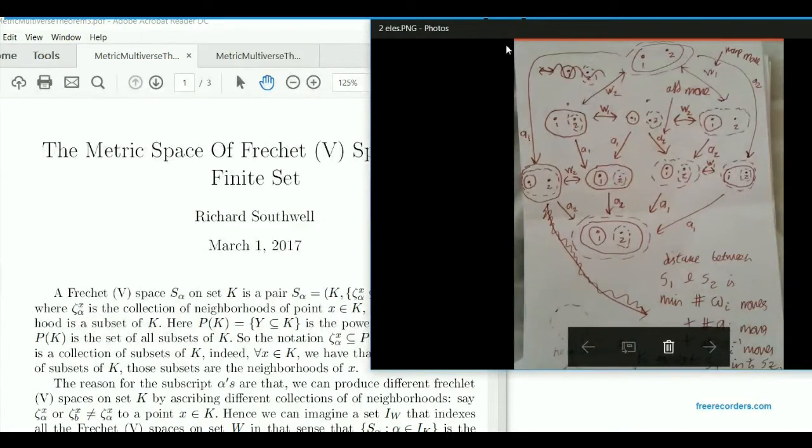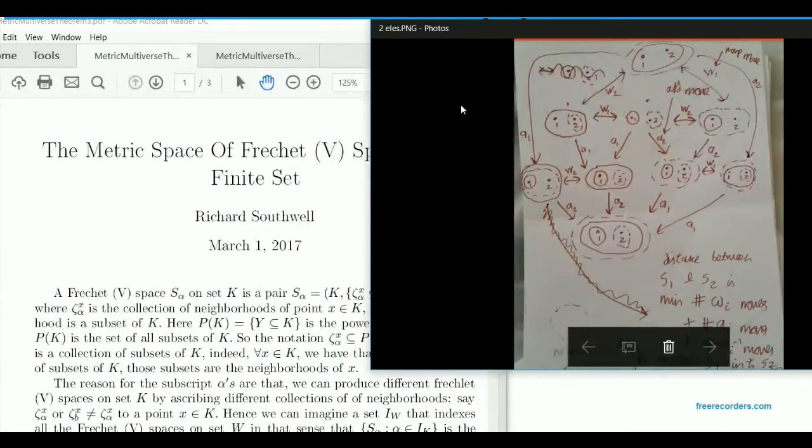There are actually only 3 options in this case. It either has to be the neighbourhood just containing point 1, or just the neighbourhood containing points 1 and 2, or its collection could be both the neighbourhood containing point 1 and the neighbourhood containing points 1 and 2. So there are these questions about what collections of neighbourhoods are associated with these different points, and this means we end up with these 9 possible Fréchet spaces under this constraint.